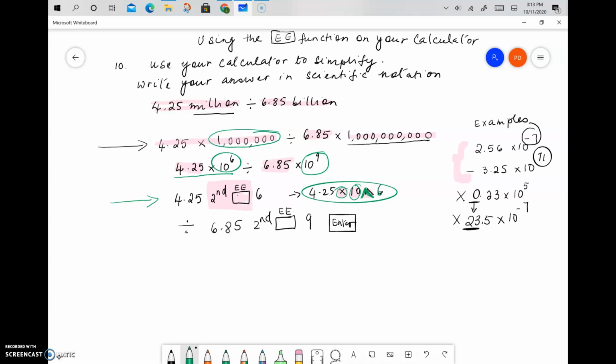So you enter 4.25, hit the second function button, and then look for the double E. When you hit these two buttons, that really is times 10 to the, and then you just enter the exponent. So on your calculator, this is what you're going to see, 4.25 E 6, which is the same as times 10 to the 6.